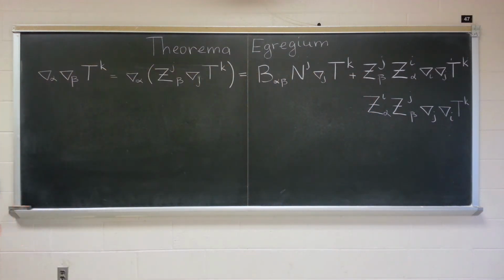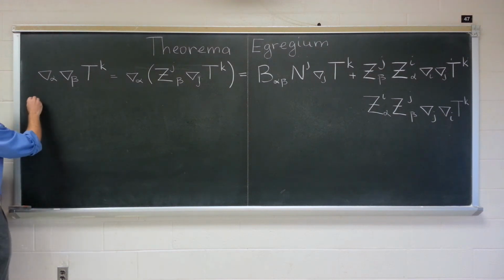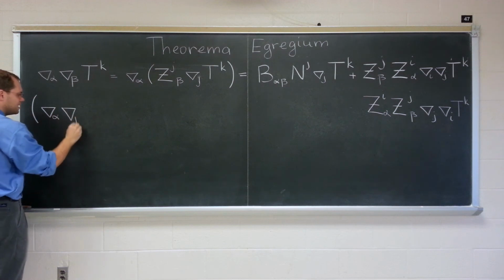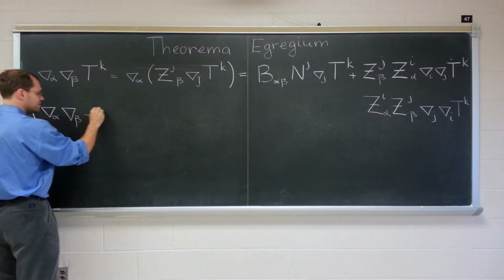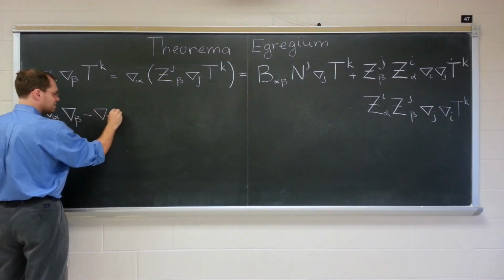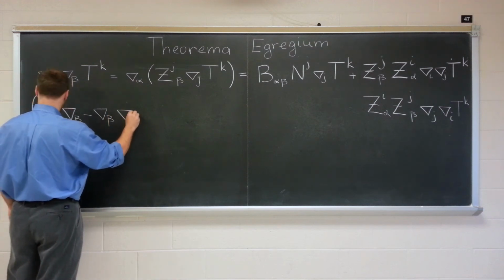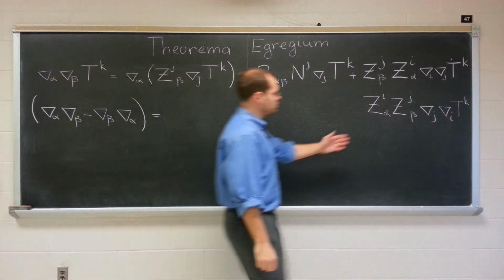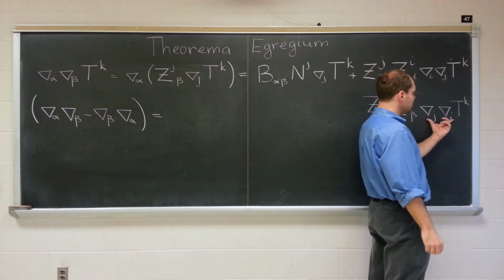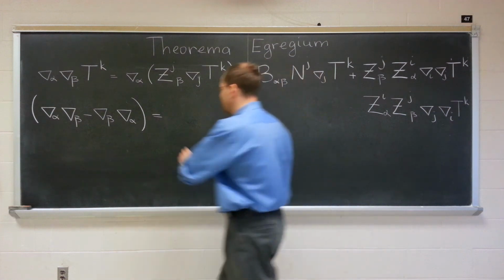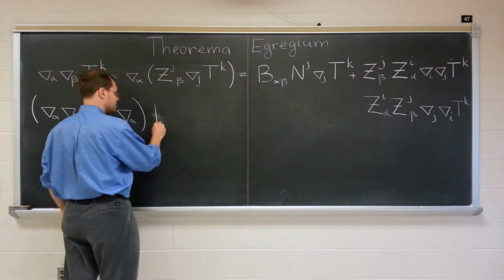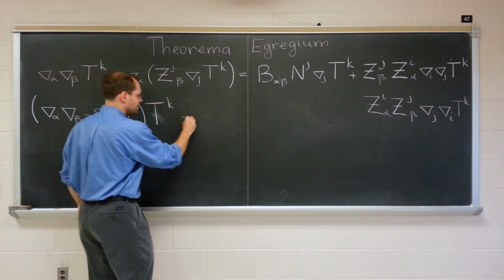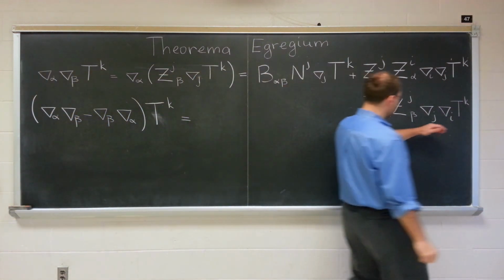So we can go actually straight to the conclusion. And the conclusion is that the derivative sub alpha, the derivative sub beta, minus the derivative sub beta, the derivative sub alpha, equals. So this will produce the Riemann-Christoffel symbol, of tk. So I'm just trying to figure out what order to write this in.